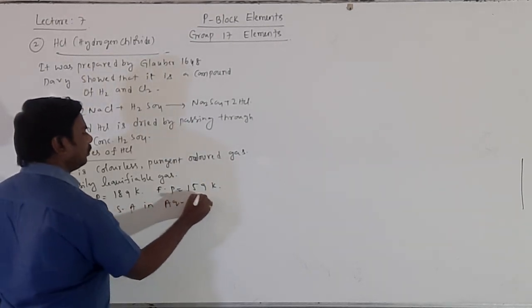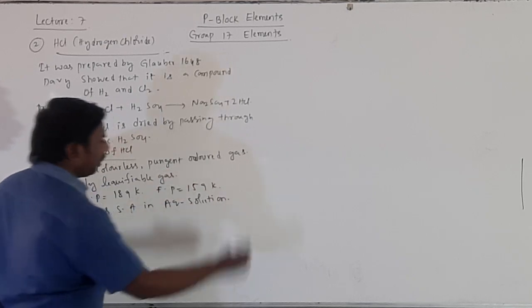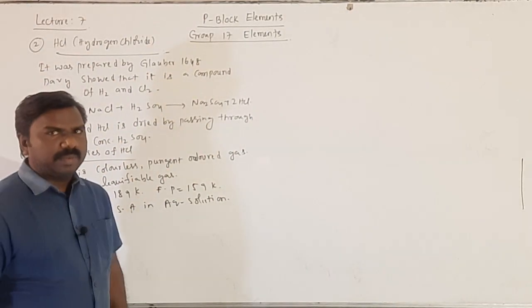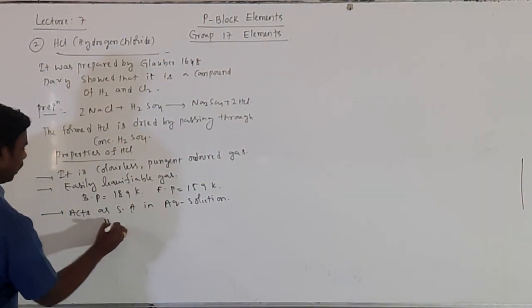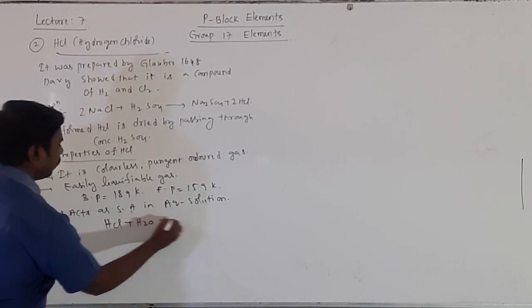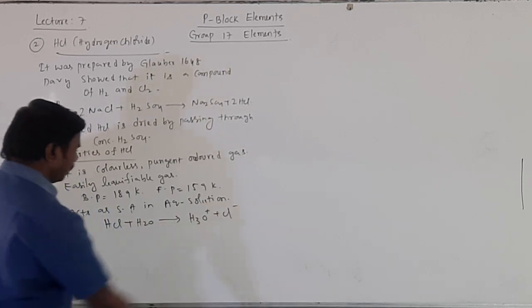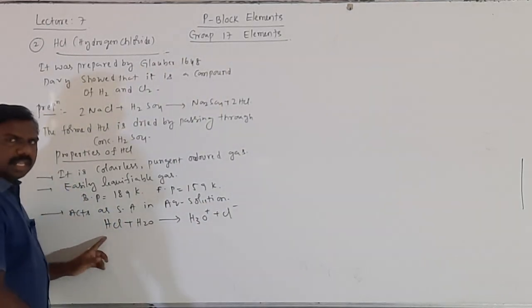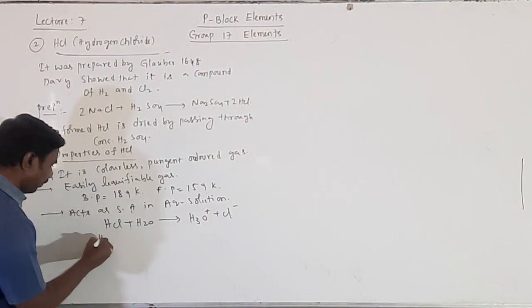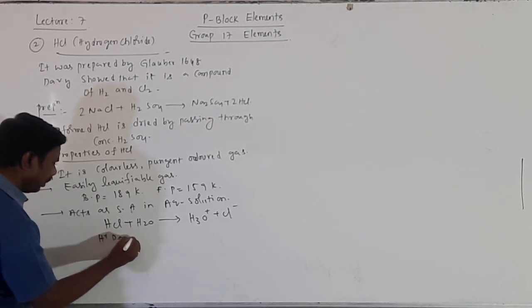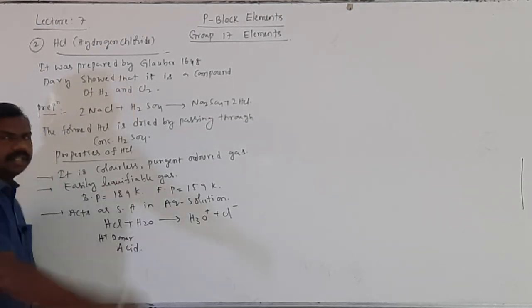aqueous solution. In aqueous solution only it acts as an acid. Remember, HCl in water becomes H3O plus and Cl minus. It is a proton donor, H plus donor, hence acting as an acid.